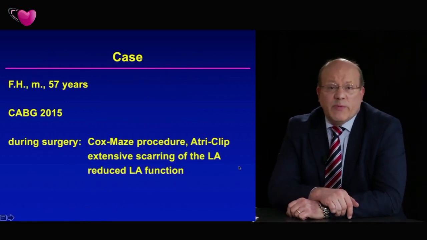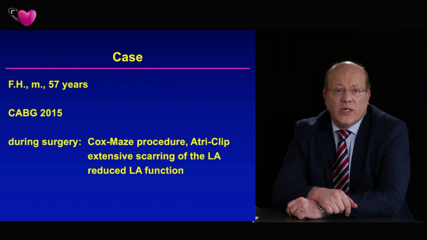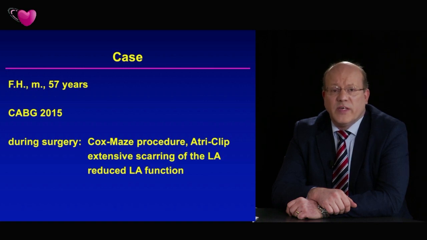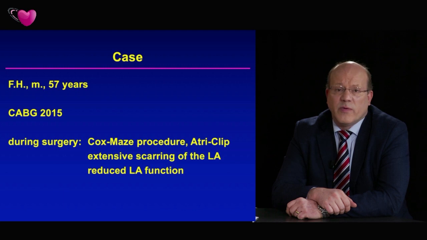And that brings me back to the case which I started with in the very beginning, because this patient did not only have bypass operation in 2015, but during the surgery he was also cured from an atrial fibrillation. So he got a Cox-Maze procedure, and he also got a clip into his atrial appendage.